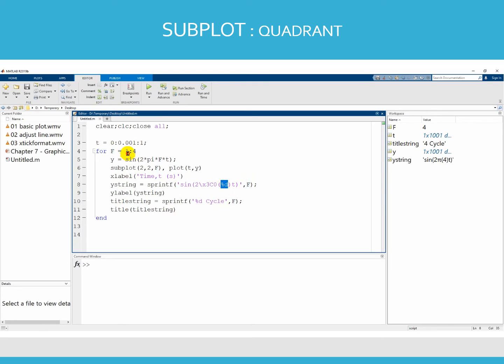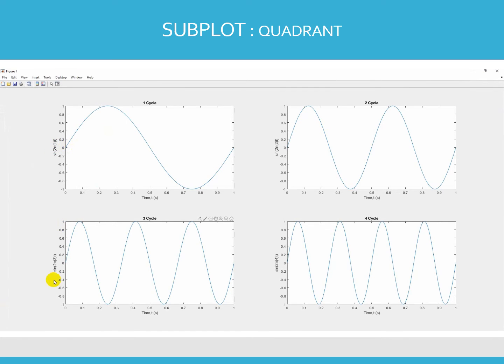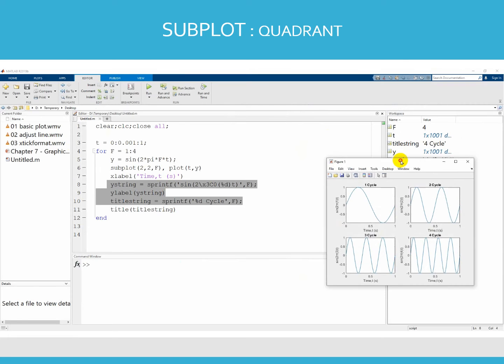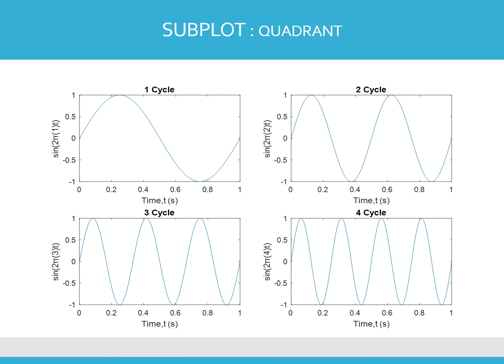Your f will be placed here. Same as here, this is for the title. So f is written here. Because you have a variable inside here, that's why you have to do this coding. And the output will be something like this. Okay, this is the figure. I just copy the figure to the slide.